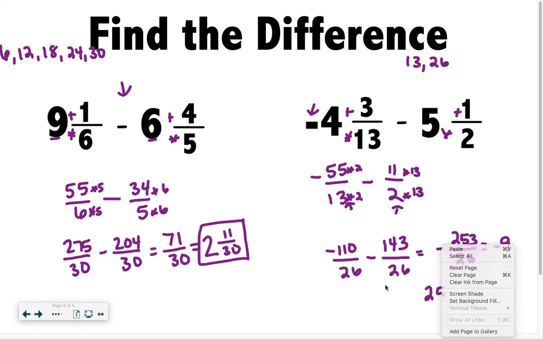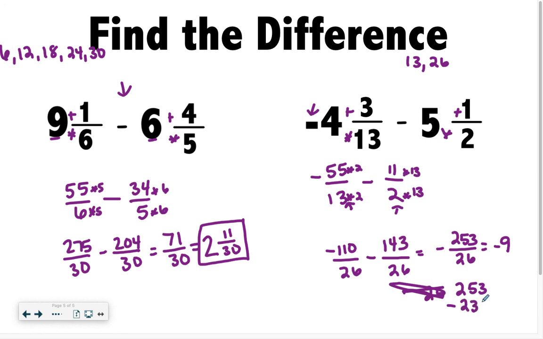Oh, I'm apparently scribbling. 253 minus 234, right? Because 26 times 9 is 234. So 253 minus 234 is 19. So I have 19/26 left. And that is your final answer.